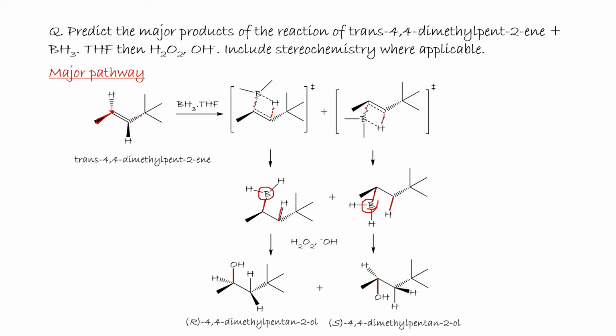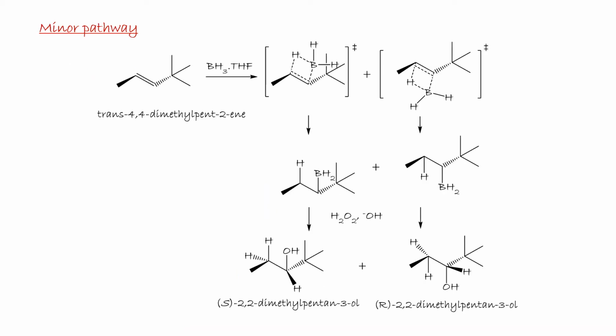Then the borane will add from top or bottom, to form these two enantiomers at the end, R or S. We can imagine also the other way around, that the boron will add to this carbon and the hydrogen to that carbon.